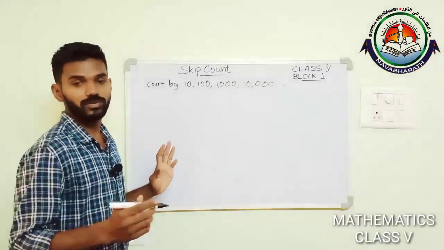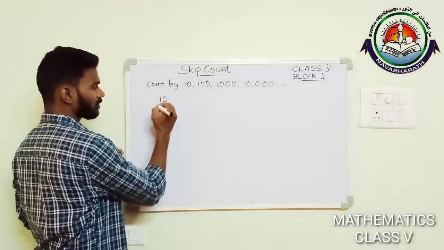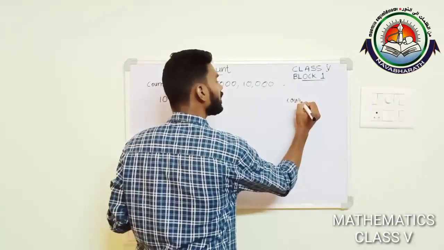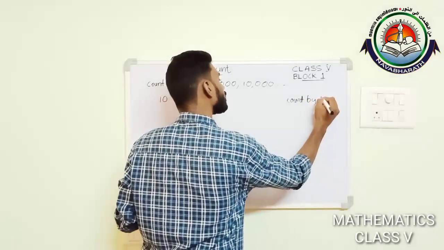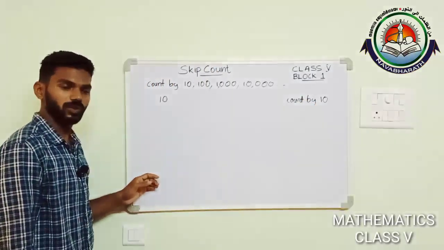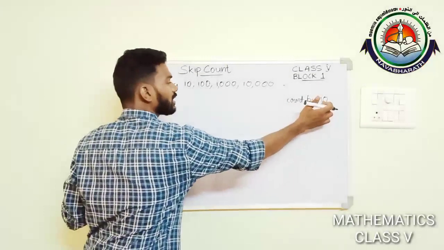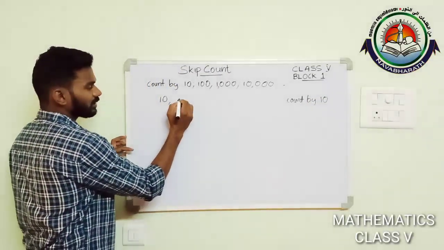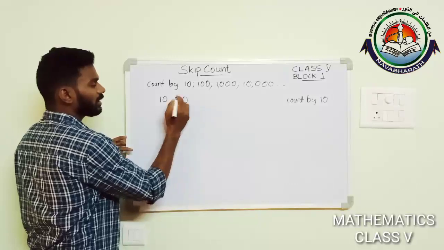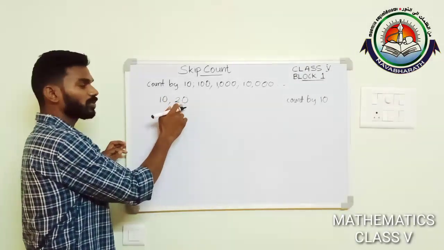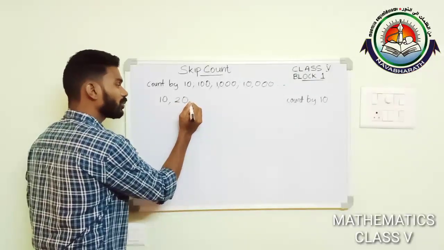So let's begin with the number 10. And you are considering a count by 10 itself. So how can you get the next number? You have to add 10. So 10 plus 10, what would be the next number? It would be 20. What would be the next?